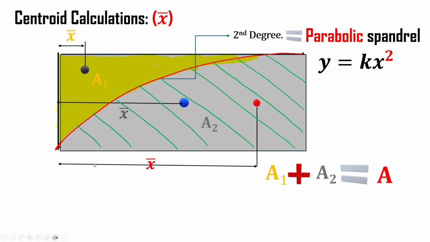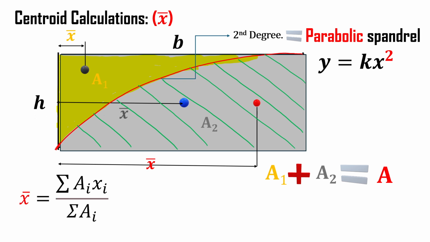We want to calculate the centroid for that one, and the centroid equation is summation of ai xi over summation of areas. So for the rectangle it is a times x, which is here, minus a1 times x. It just gives us the centroid of the a sub 2 area.